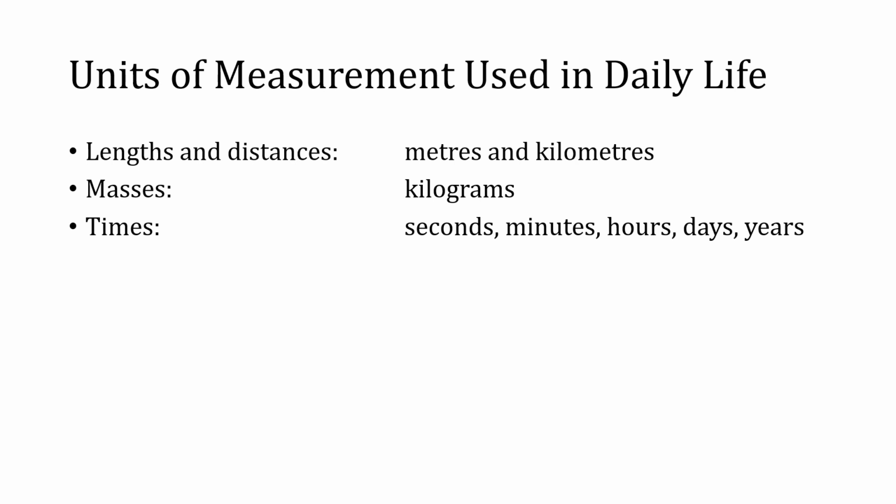And then for times, we talk about things that happen in seconds or minutes or hours, days, and you could throw in weeks and months. You could add in centuries too, but these are some of the units that we use in daily life. The problem is all of these are too small to talk about things in space. So let's take a look at that.